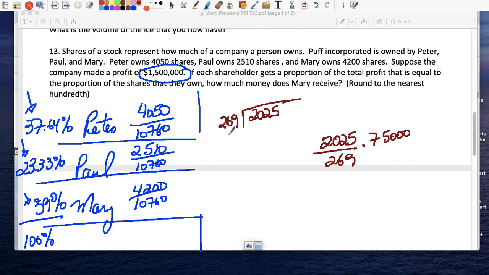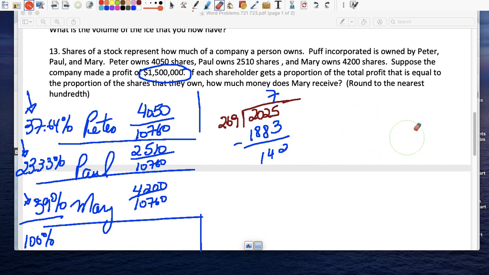269, let's see, times 7, that's going to be a 7. 7 and 6 is 63, 6, 42, 48, carry 4, 14, 18 there. Subtract, we have 142 left, right?